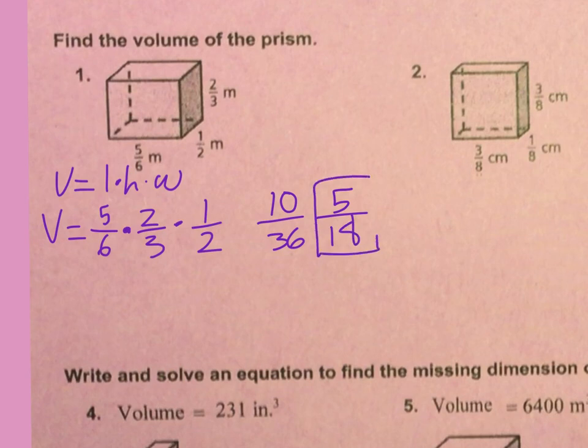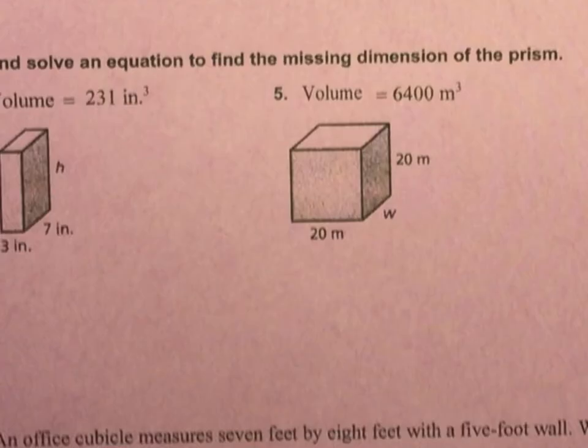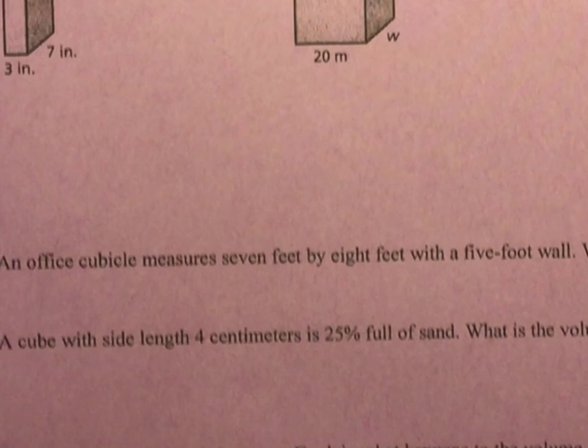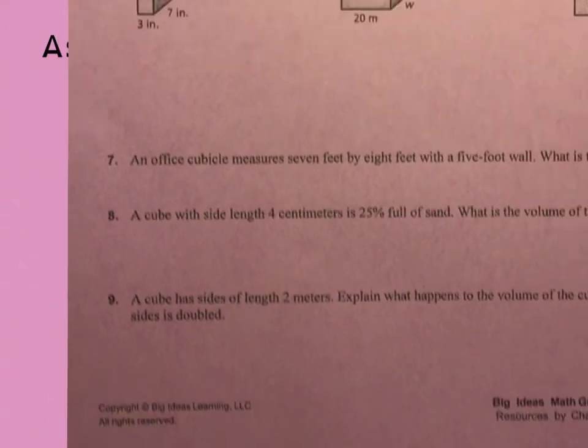That is as far as it goes. So 5/18 meters cubed is our answer. So that's as hard as it gets right there. Okay, so you're going to do that on these questions. You're going to look at number 1, number 2, number 3, number 4, number 5, number 6, and number 7. That's it. We don't need you to do number 8 and number 9.